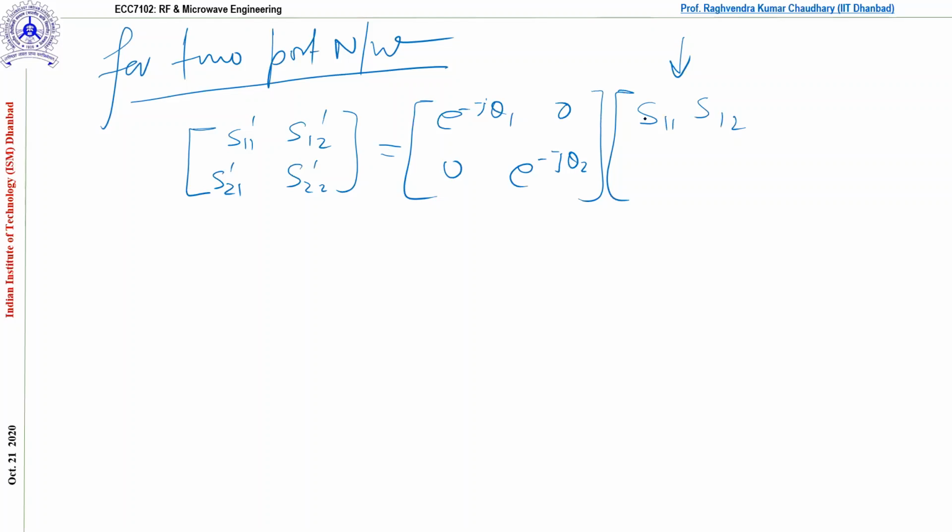This is the required one, you can say. And all the time from the machine you are getting this matrix.